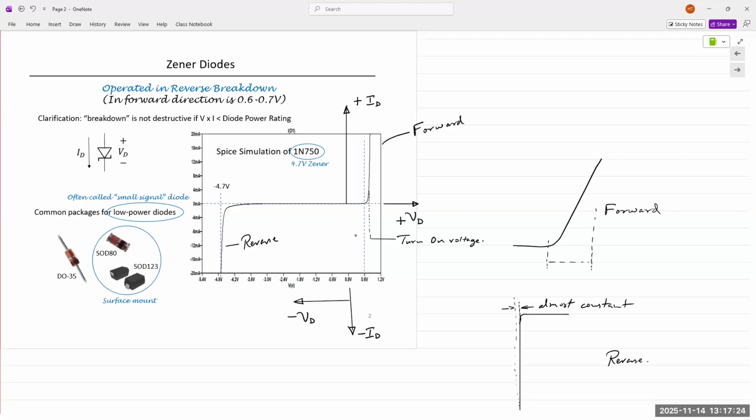When you reverse the terminals, meaning you are operating the diode in reverse breakdown mode, there is no current flowing from the anode to the cathode or the cathode to the anode. Okay, until we reach a point where the junction between the two terminals completely breaks down.